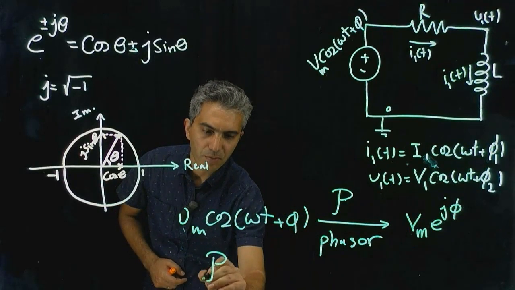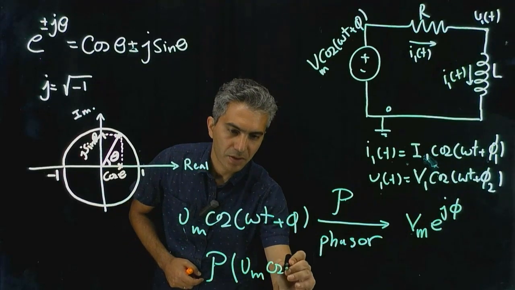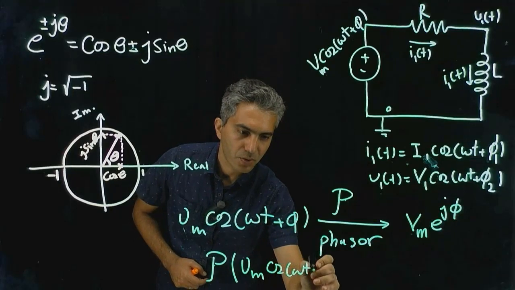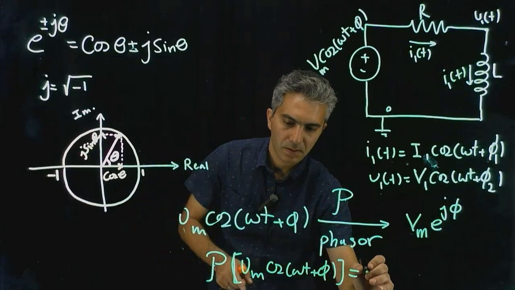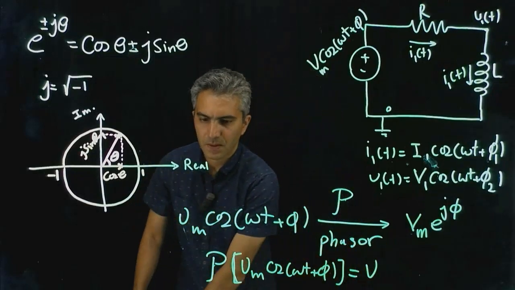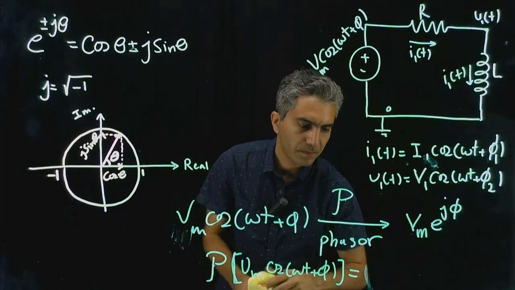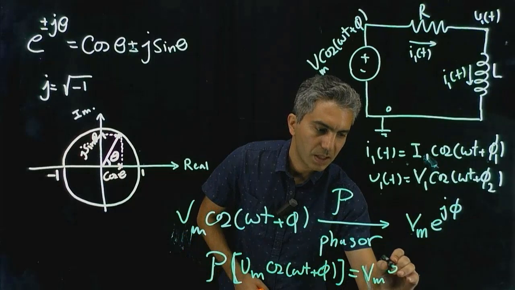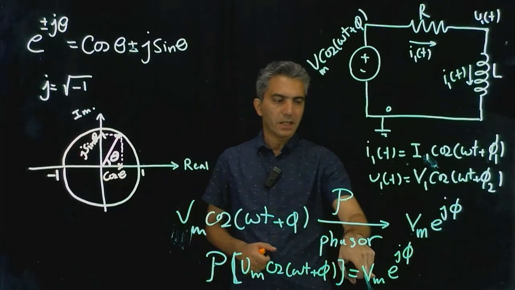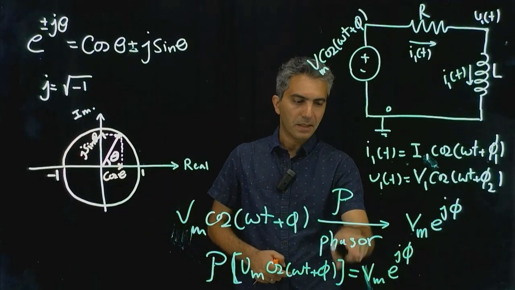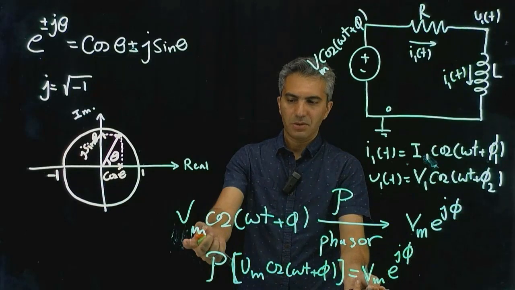The Phasor transformation of a general sinusoidal signal, Vm cosine of omega t plus phi, is Vm, the magnitude, e to the j, the phase. Now you can clearly see that on the other side of this transformation, the information about the magnitude is preserved.